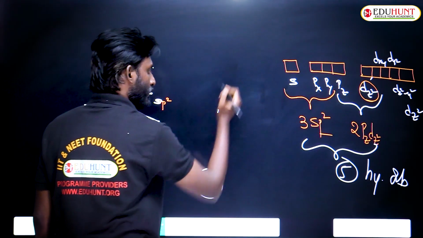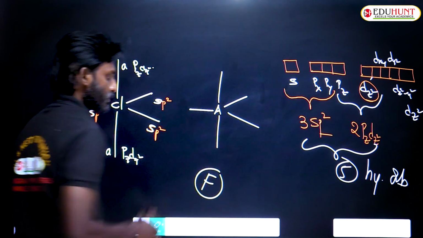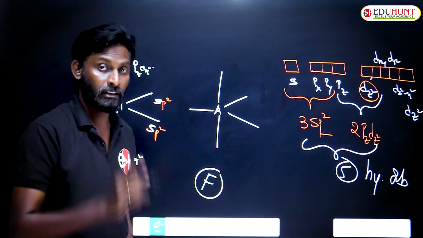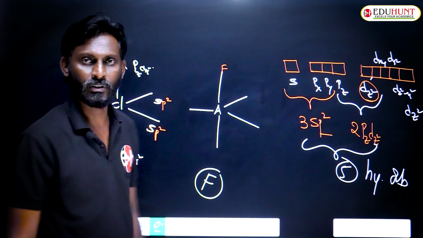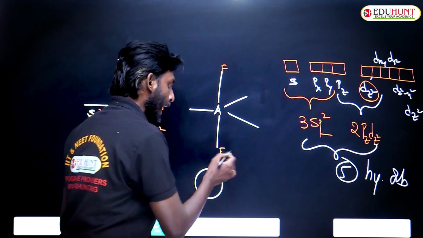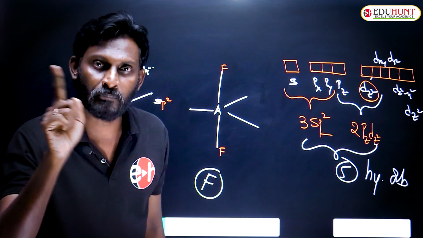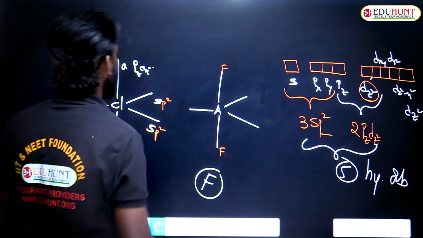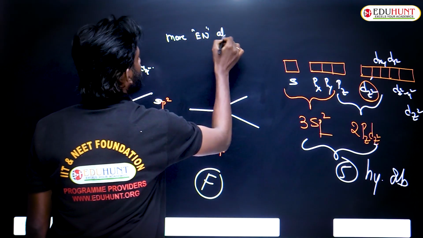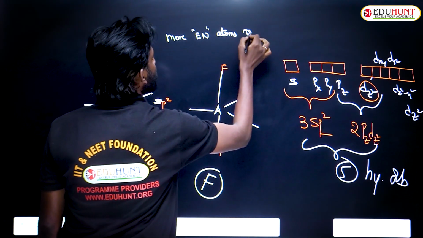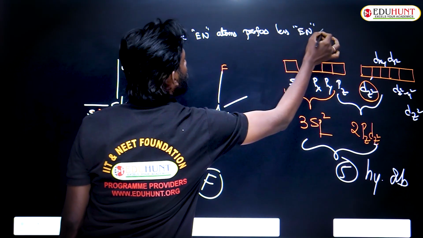If this is the central atom and these are side atoms, the first fluorine will prefer the axial position only, and now supply another fluorine. The other fluorine also prefers the axial position. Why, sir? Do remember, a more electronegative atom prefers a less electronegative position.